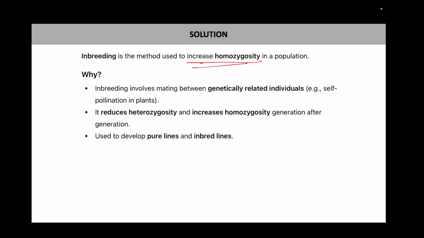Now, why inbreeding? Because it involves mating between genetically related individuals, like self pollination crops. Of course, because they're genetically related, this will increase homozygosity in the population. It will reduce heterozygosity generation after generation, and it is used to develop pure lines, also called inbred lines.